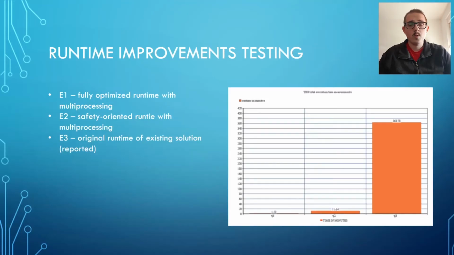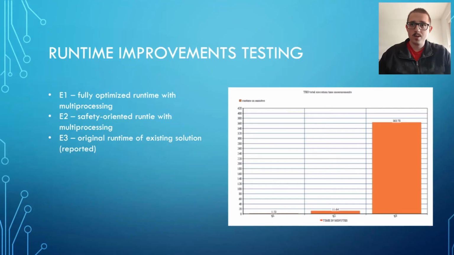The overall improvements that were made can be seen roughly in this chart, where the first line, the E1, represents what has been achieved with fully optimized runtime and using the multiprocessing Python module, but still using the pickle database, so not improving the storage.